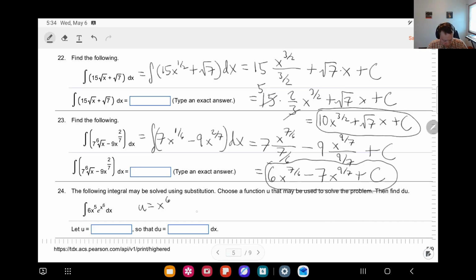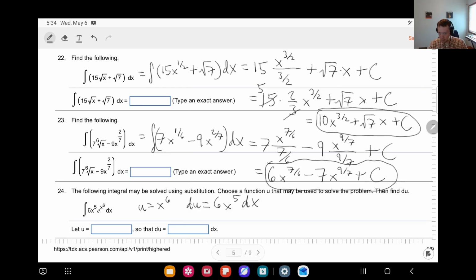And this will work well because this means that du is the derivative, 6x to the 5th dx. So you take the derivative of u, then times dx. But notice here they've provided the dx for you.